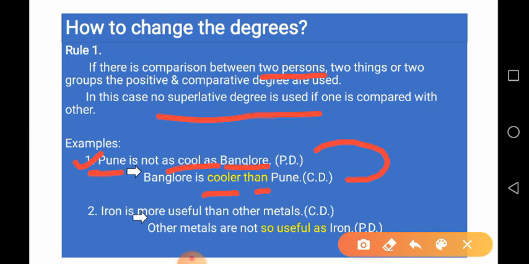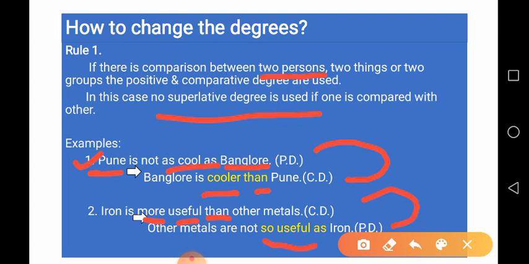Now, example second, iron is more useful than other metals. So, here we have more, adjective and than. When you see more, adjective and than, this is a comparative degree. Comparative degree can change into positive, and the positive is "Other metals are not so useful as iron."